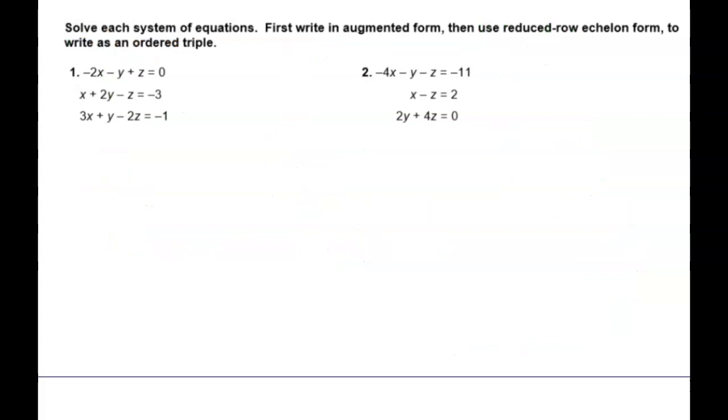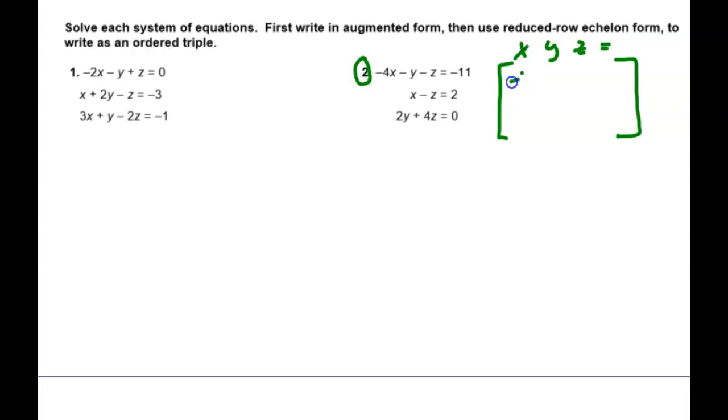So let's practice 2 more times, or maybe, do you think you got it? Let's just do number 2 if you think you got it, because this one, what do we have to remember there? Yeah, we got some zeros. So what's the top line? We're taking out the x, y, z, and the equals.